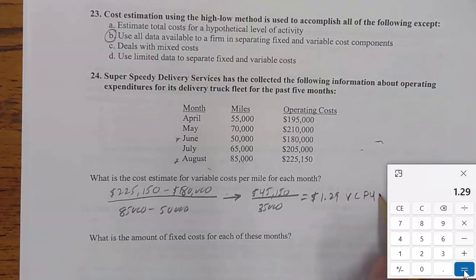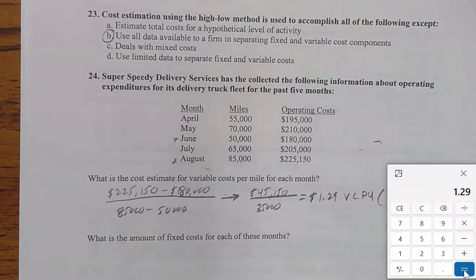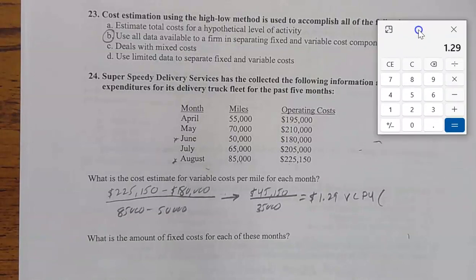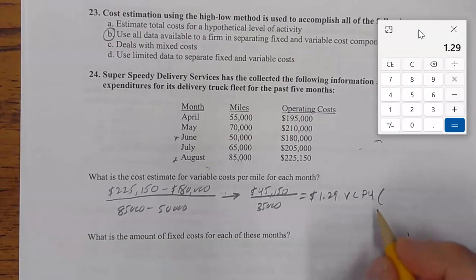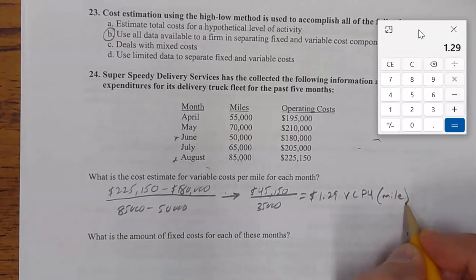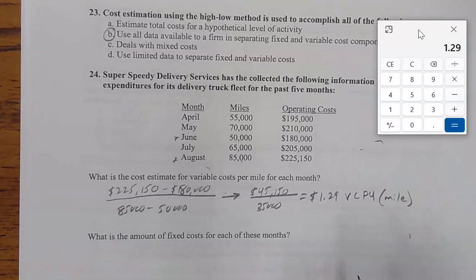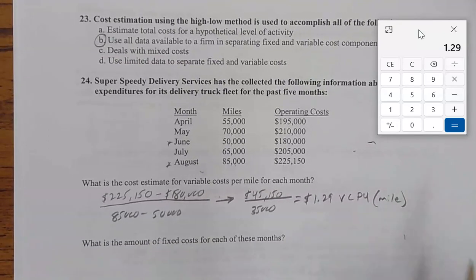Or, in this case, let me move this up here. Mile. So we would say that we have a variable cost component of $1.29 per mile. Now, we have to make sure we understand something.